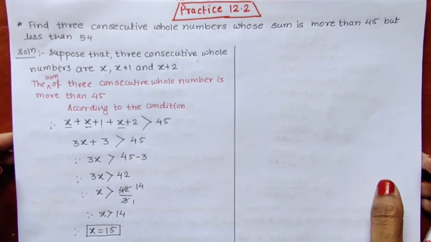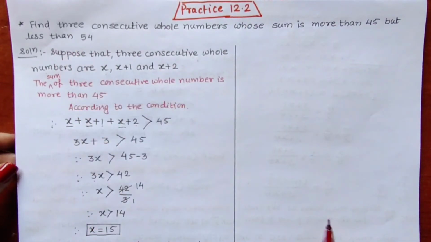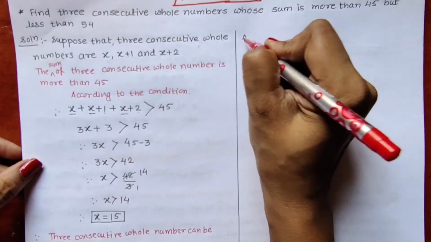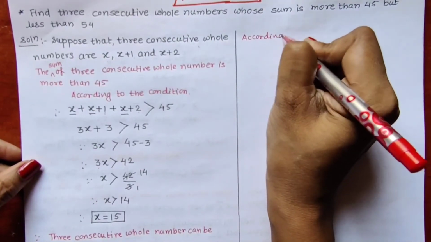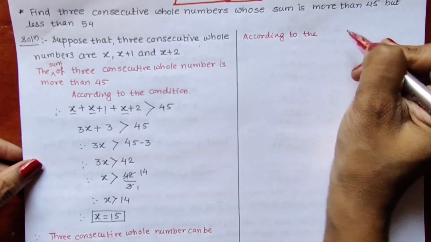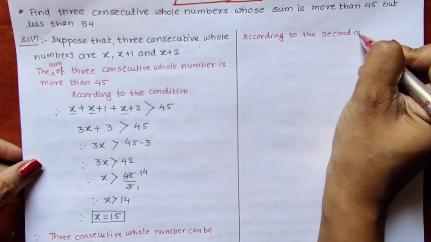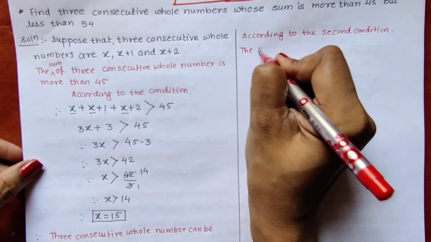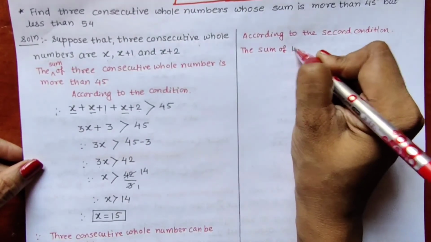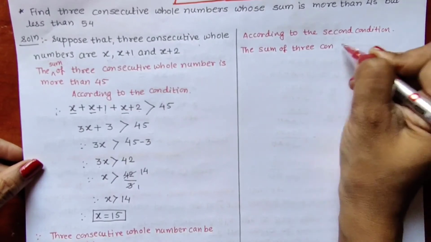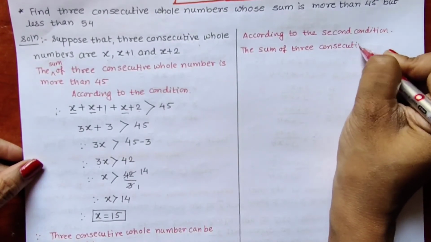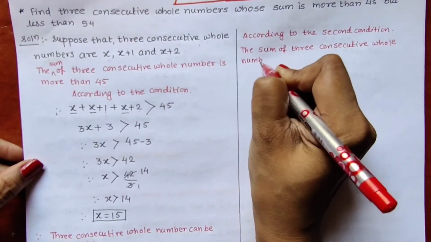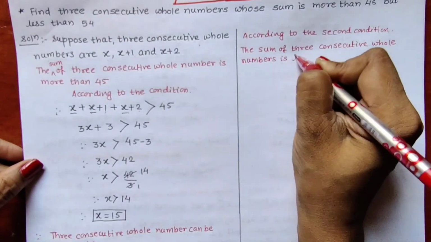Now let us see the second condition. It is less than 54. The sum is less than 54. So according to the second condition, the sum of 3 consecutive whole numbers is less than 54.